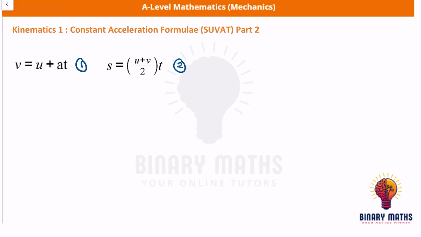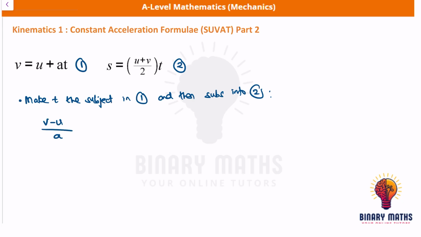So for the first equation, make t the subject in 1 and then substitute into 2. When you make t the subject, you get (v - u)/a = t, which implies s = (u + v)/2 times t, which becomes (v - u)/a.